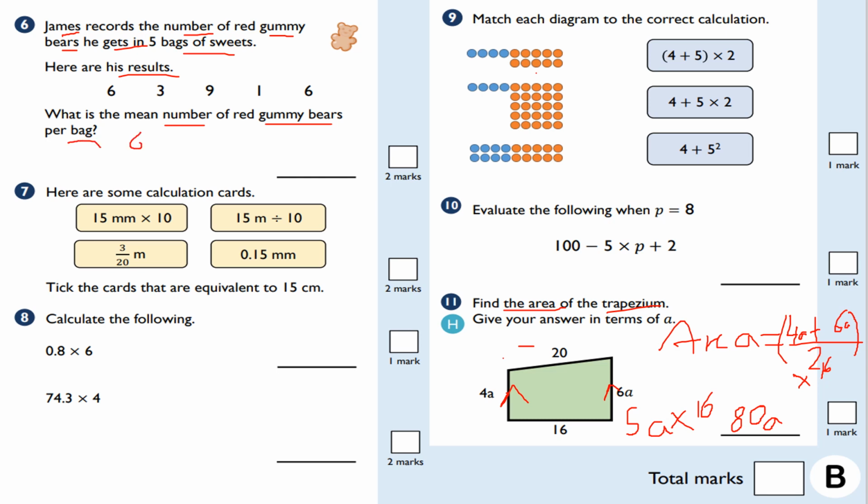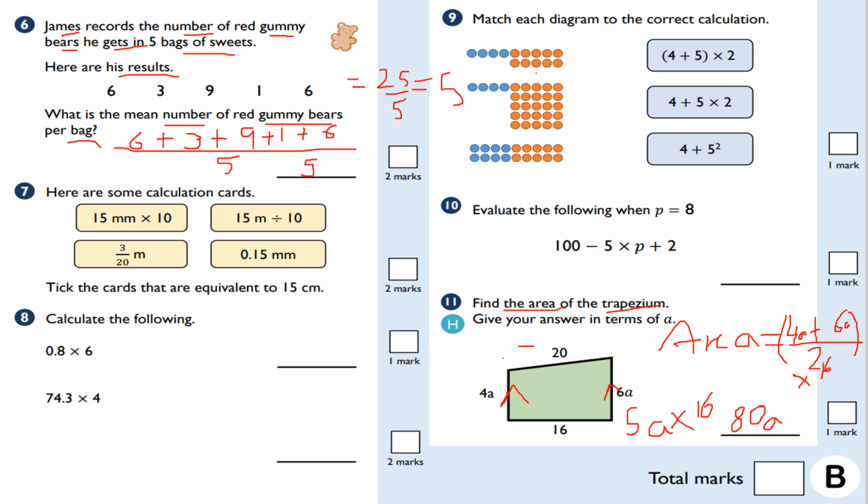So to work out the mean, it's just adding up the 5 numbers and then dividing by 5, because you have 5 bits of data there. So working this out quickly, 6 plus 3 is 9, plus 9 is 18, 19, 25, so you get 25 fifths, which is equal to 5. So the mean is equal to 5.